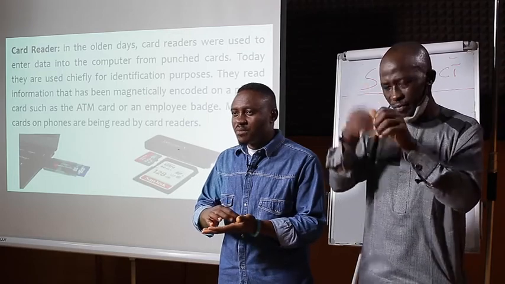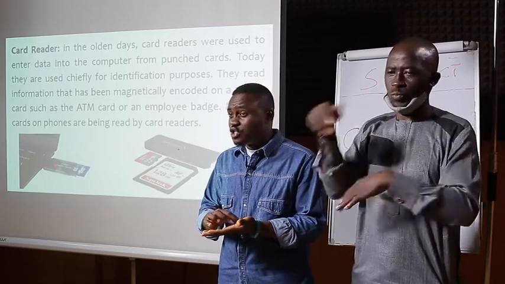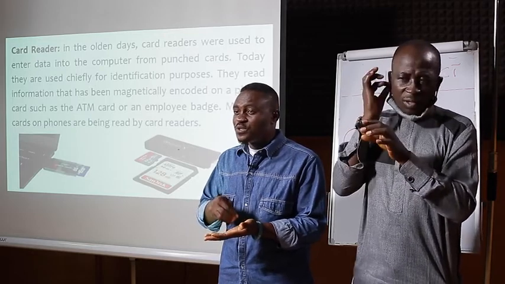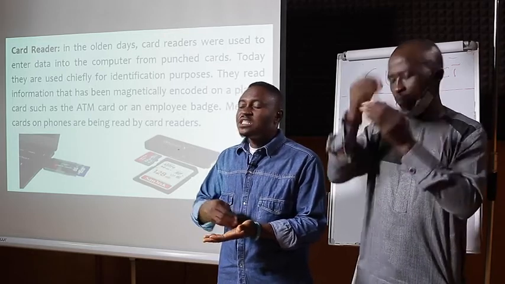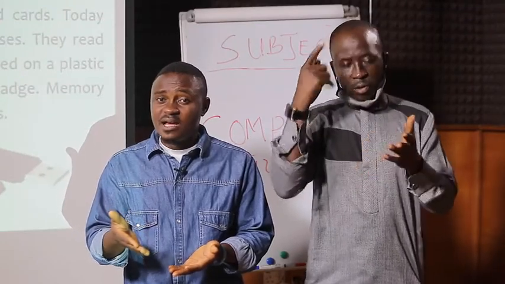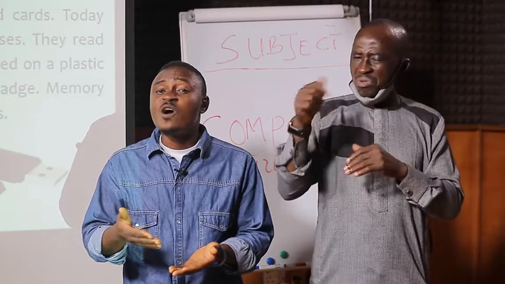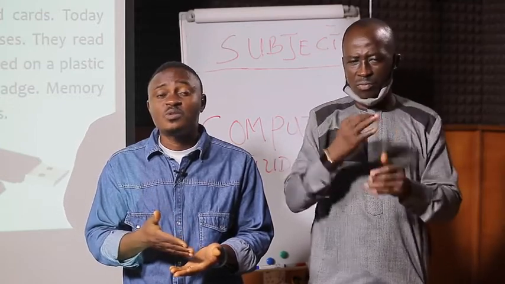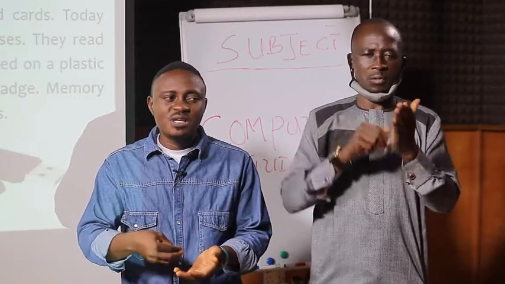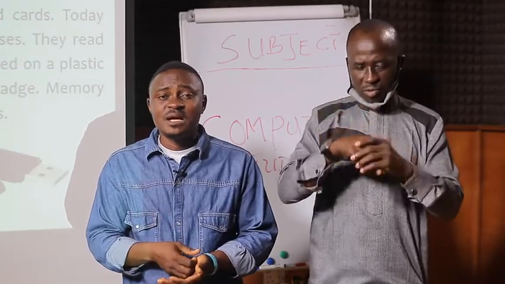Every piece of information about you is in that very little silver-coated chip. So the ability of the ATM card to recognize its user, or whosoever the owner of that card is, is through what we refer to as a card reader. It identifies the information that is embedded inside the ATM card.